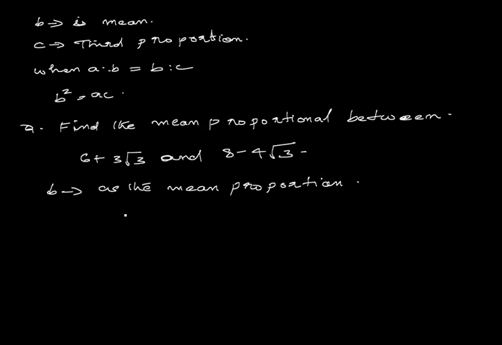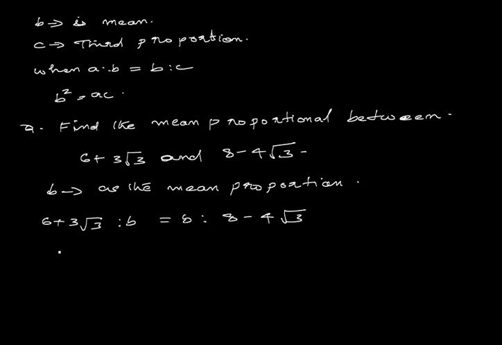According to our equation, we can say that 6 plus 3 root 3 is to B is equal to B is to 8 minus 4 root 3.